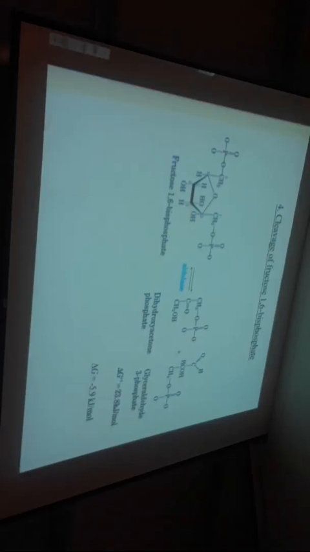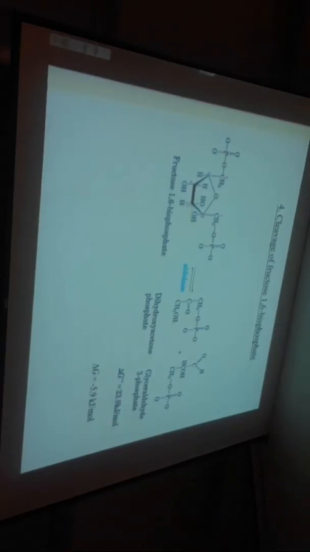So, again, I encourage you to remember the names of some basic 3-carbon molecules. Why is this molecule called dihydroxyacetone phosphate? Because it's a derivative of acetone. I talked about the structure of acetone before.